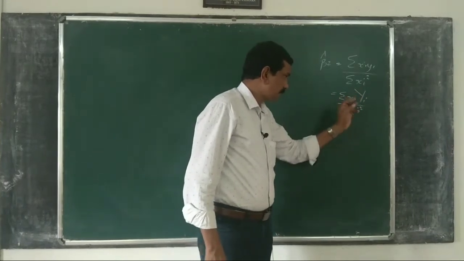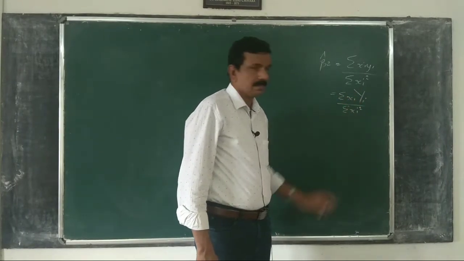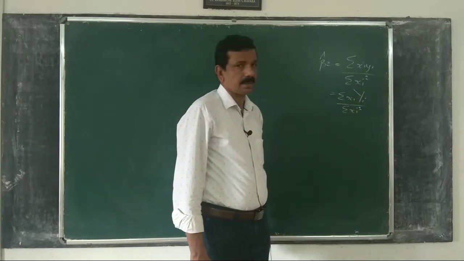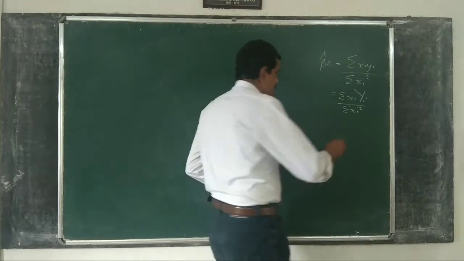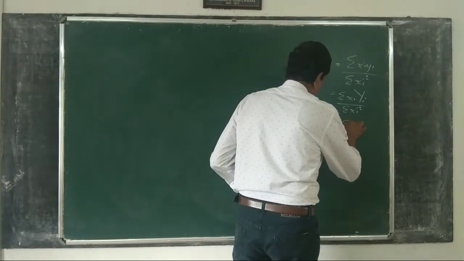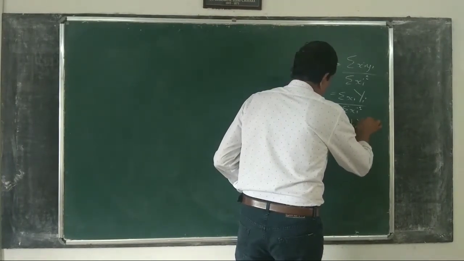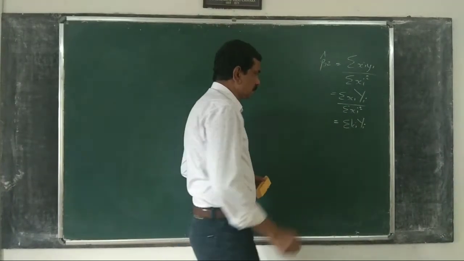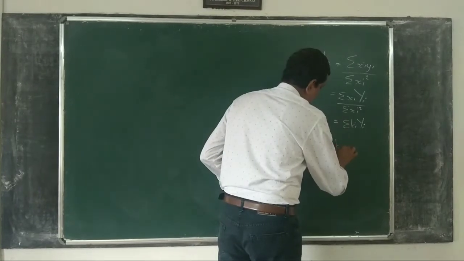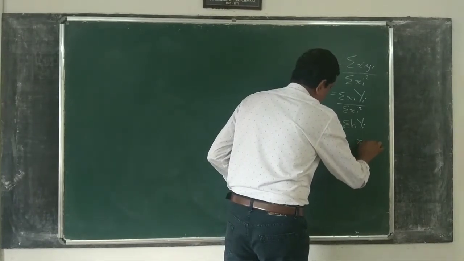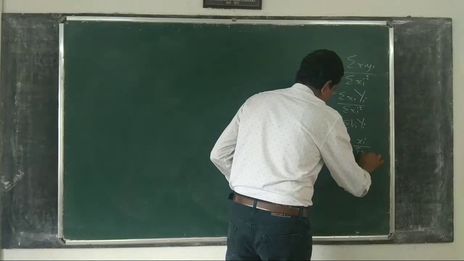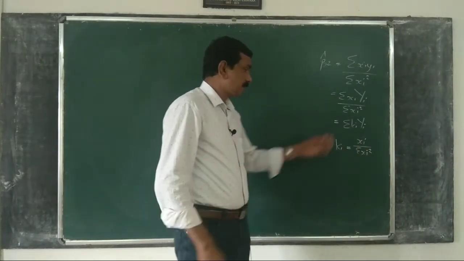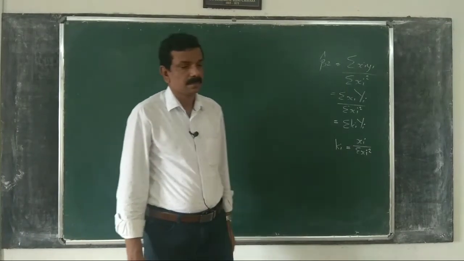Yi is capital letter Yi, xi is deviation from the mean value. This can also be written as sigma ki yi, where ki is equal to xi by sigma xi square.